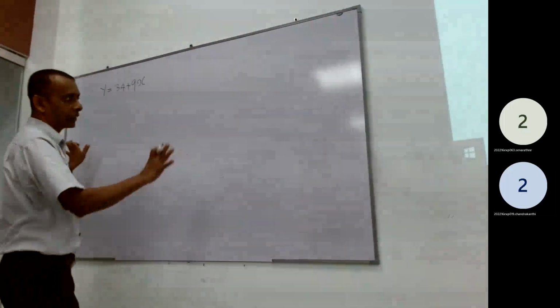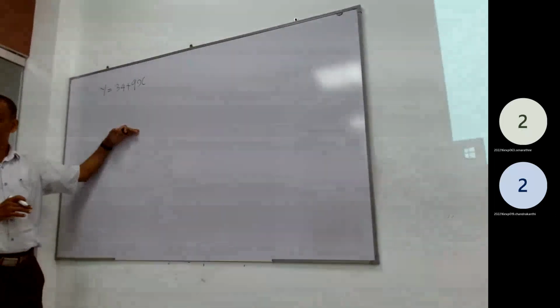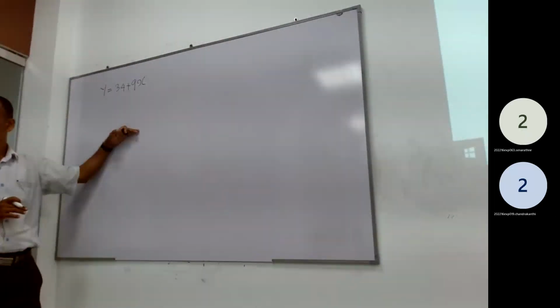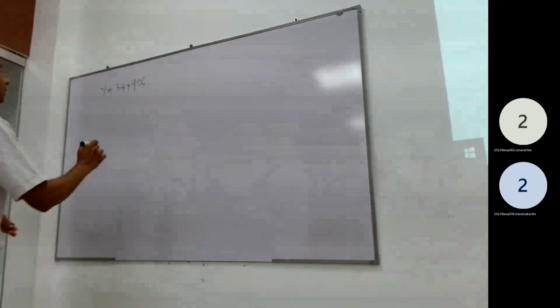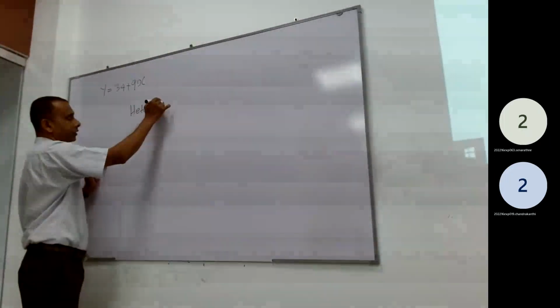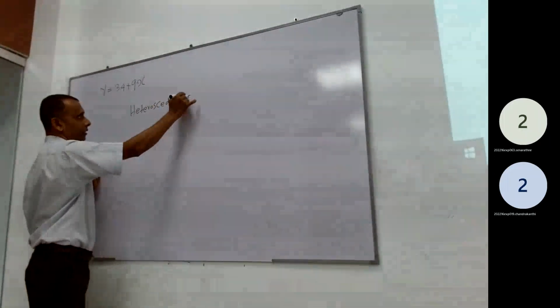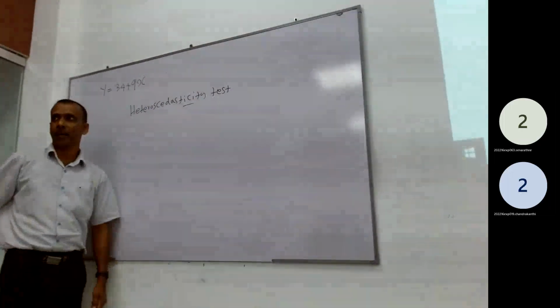Then we did ANOVA. Then we noted down the heteroscedasticity test. That's what we want to note down. That's the last.